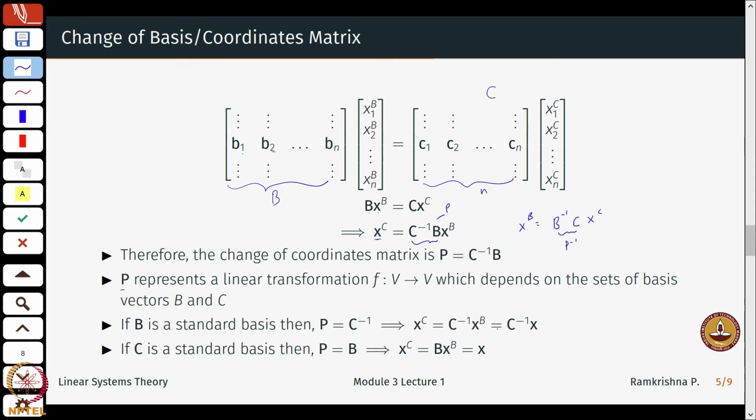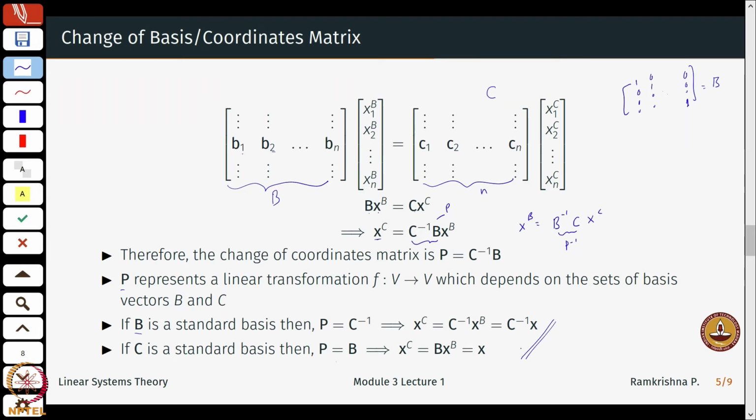If one of them is a standard basis, let us say B is a standard basis, then P is simply C inverse, because B is just the identity. It will just be 1 0 0 0, 0 1 0 0, all the way till 0 0 0 1. This is a standard basis. Conversely, if C is a standard basis, then P equals B, and this is straightforward to derive.